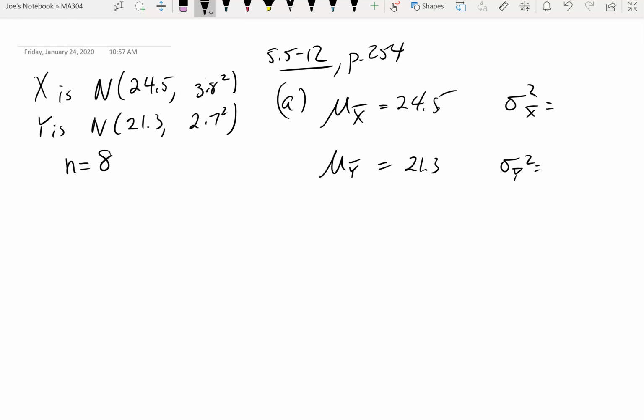Right? And then again, regardless of the type of distribution, what do you do with the variances when you start taking samples for the sample mean? Divided by the sample size, right? So each of these will get divided by 8, whatever those numbers turn out to be. I don't really care what they are at this particular second.